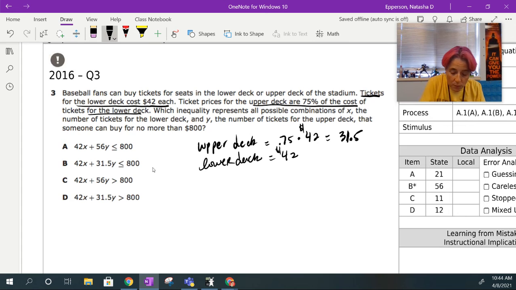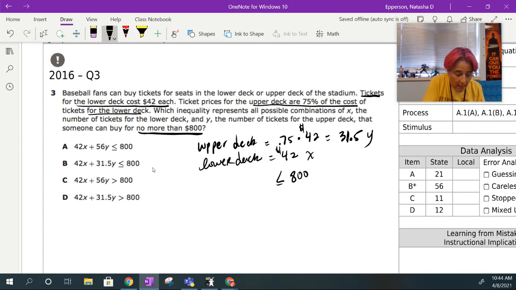Then it says, which inequality represents all of the combinations of x for the lower deck? So this is 42x, and then y, the number of tickets for the upper deck, so that's y. That can be no more, again, we're going with the maximum, so less than or equal to 800.